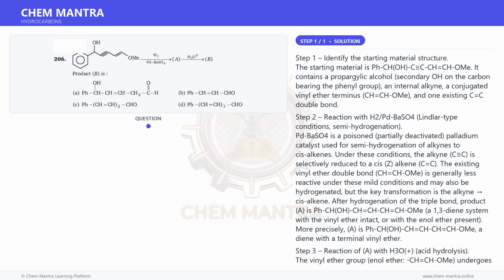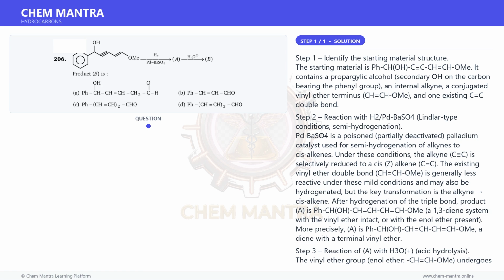Under H3O+. 1. Vinyl ether hydrolysis, C4H=C5H-OMe, C4H to C5=O, i.e. CH2CHO, giving PhCH(OH)-CH=CH-CH2-CHO, initially as the enol tautomer, but the enol ether C4=C5-OMe hydrolyzes to give the aldehyde at C5, CH2-CHO. 2.